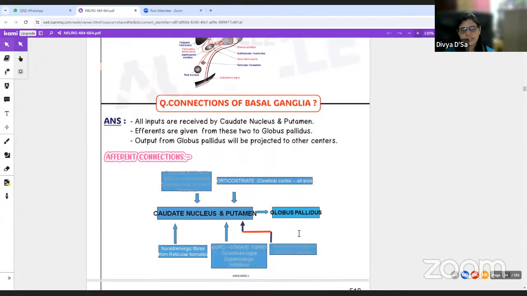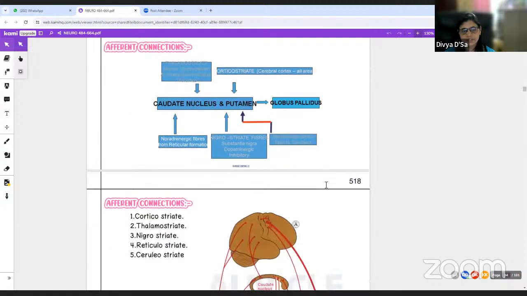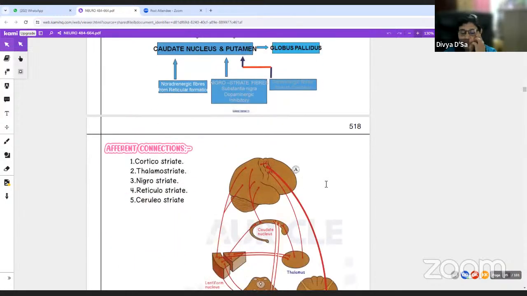So what are the connections of the basal ganglia? All inputs are received by the caudate nucleus and the putamen. Efferents are given from these, that is the caudate nucleus and putamen, to the globus pallidus. And output from the globus pallidus is projected to other centers. The afferent connections are corticostriate, thalamostriate, nigrostriate, reticulostriate and ceruleostriate.